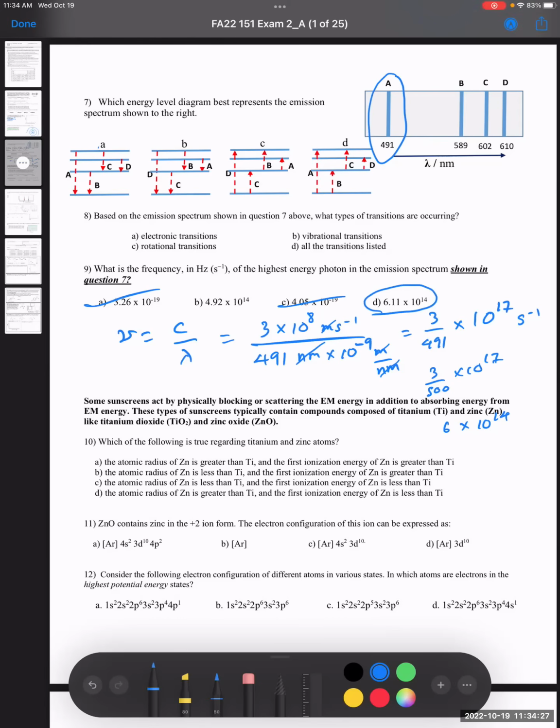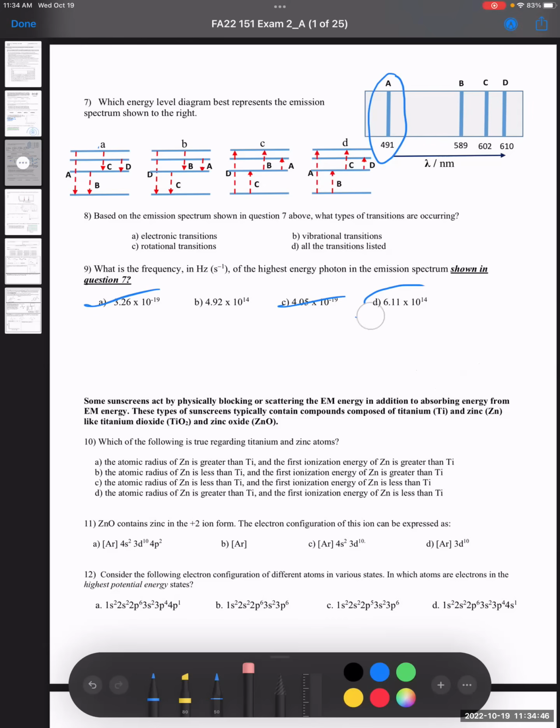Or you can solve this exactly using a calculator. I just approximated the value, and based on that, it has to be option D. All right, so with that, let's move on to question 10.